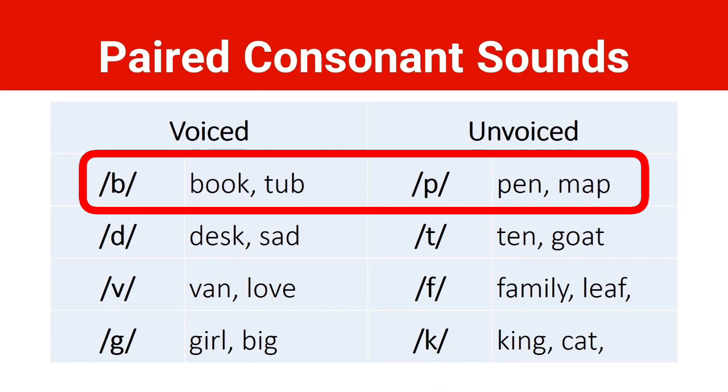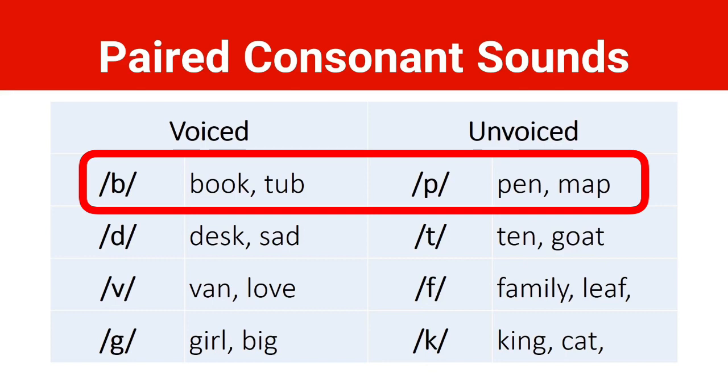These sounds are as follows: b, book, tab; p, pen, map. The first sound is voiced. We feel vibration in the vocal cords, in the throat. The second sound is unvoiced.